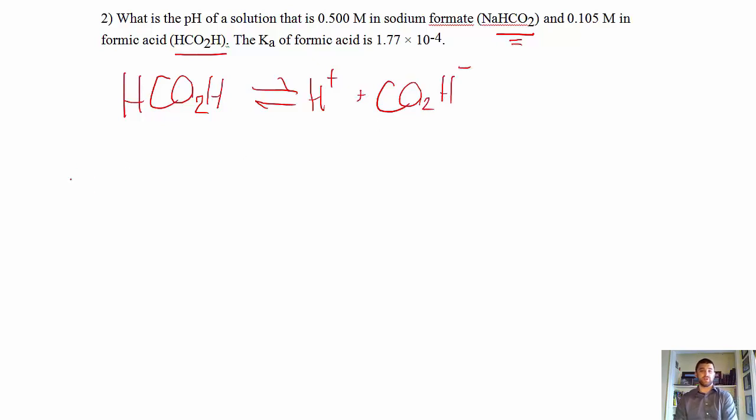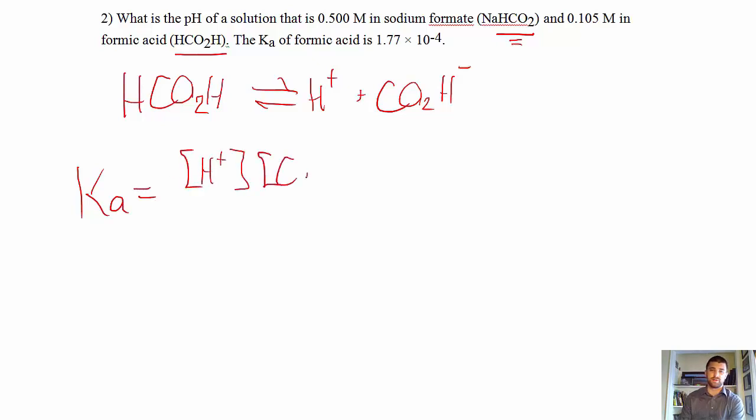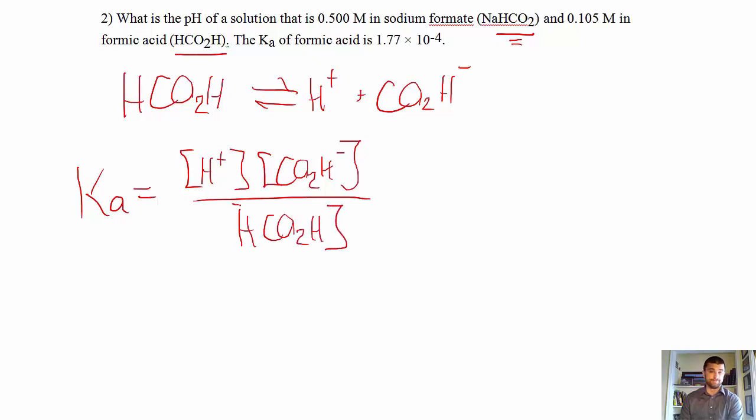So our Ka expression is going to be the concentration of H⁺ times the concentration of the CO₂H⁻ all over the HCO₂H concentration. Well, they gave us how much sodium formate there was, which is going to give us the common ion. So that we know right there.